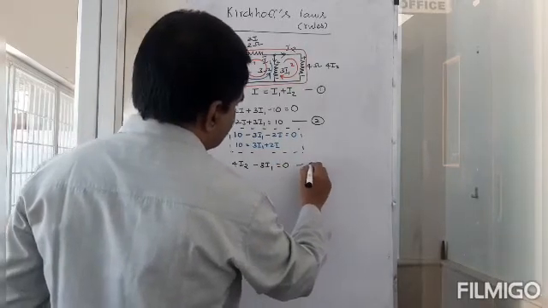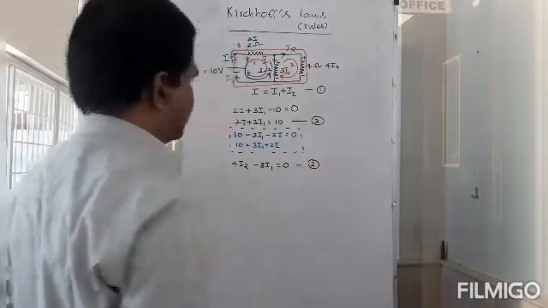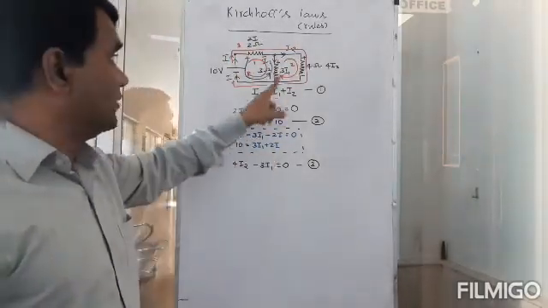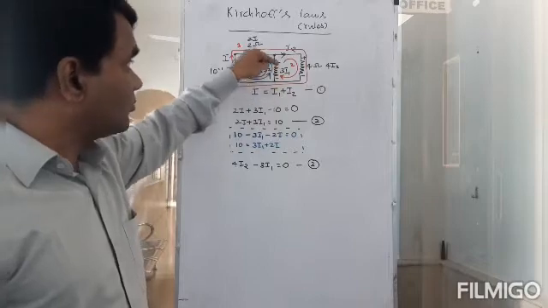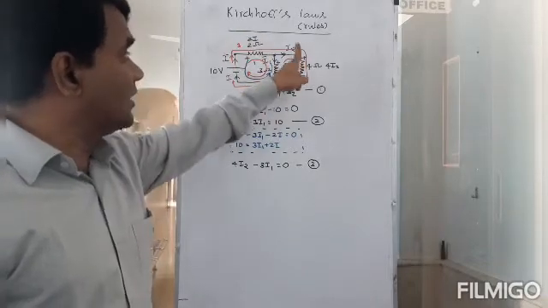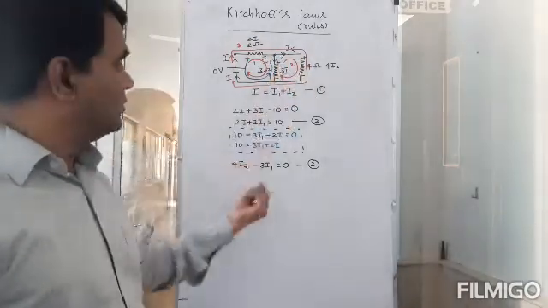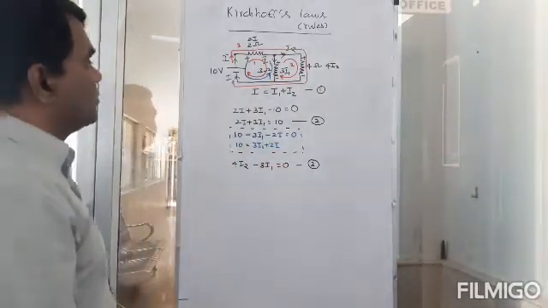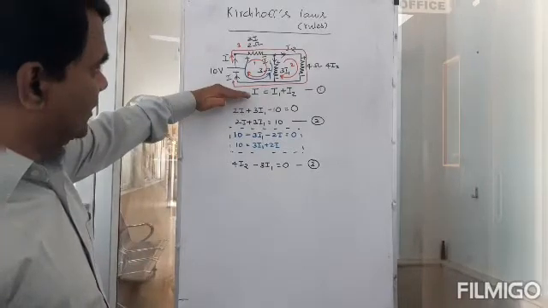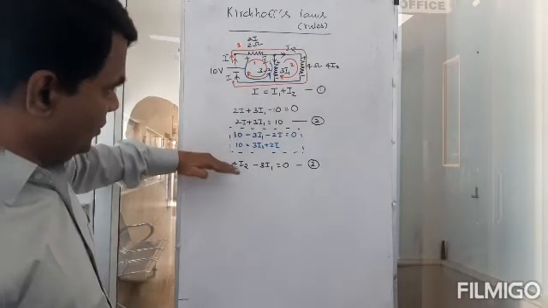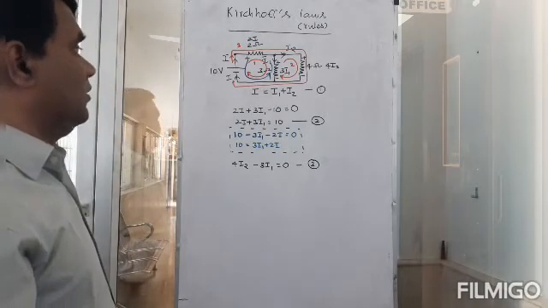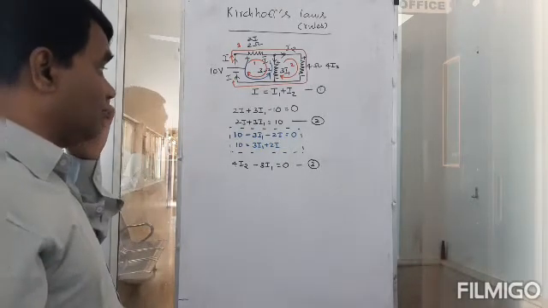So this is my third equation. And if I do it the other way, I'll get the same thing again. This will be positive then and that will become negative and come back to 0. So this is equation 1, this is equation 2, and this is equation 3. There are 3 equations for it. Now I should solve them.